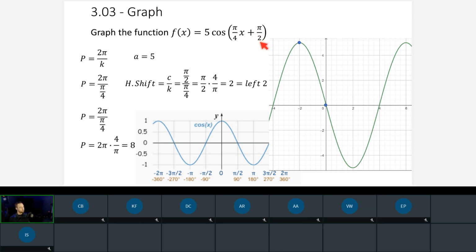Just because this 2 here doesn't mean it's going to be a 2 here. Remember, because you're dividing this by the k value, and it so happens when you divide this by this k value, we actually do get 2. But what if this was like pi over 2 or pi over 6 or 2 pi over 3? You would not get 2.